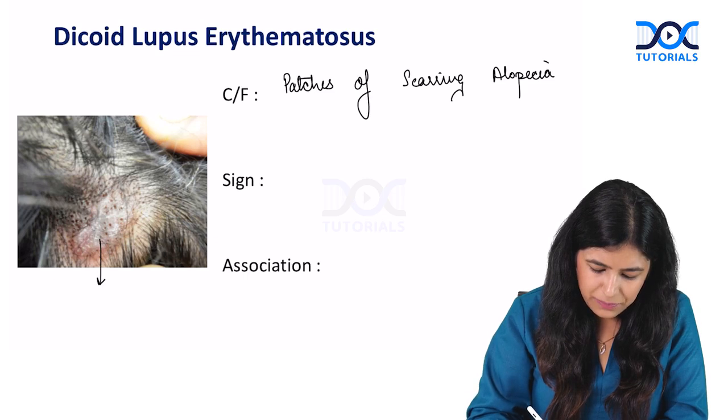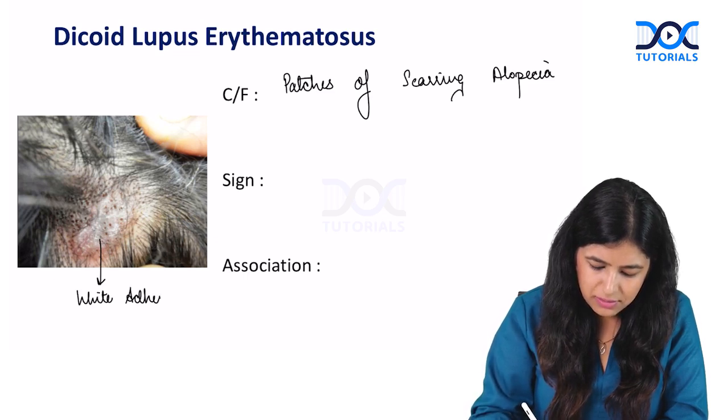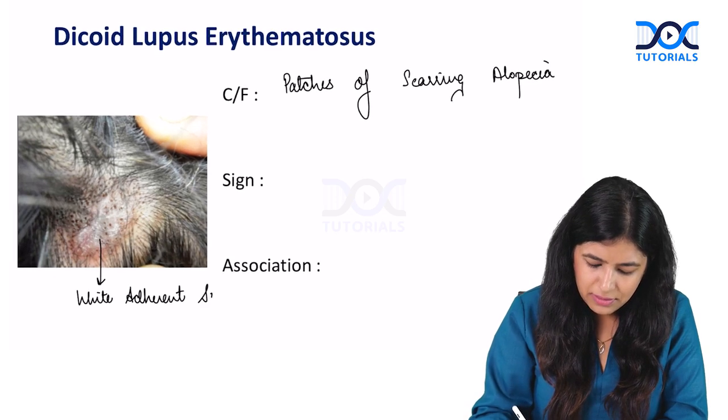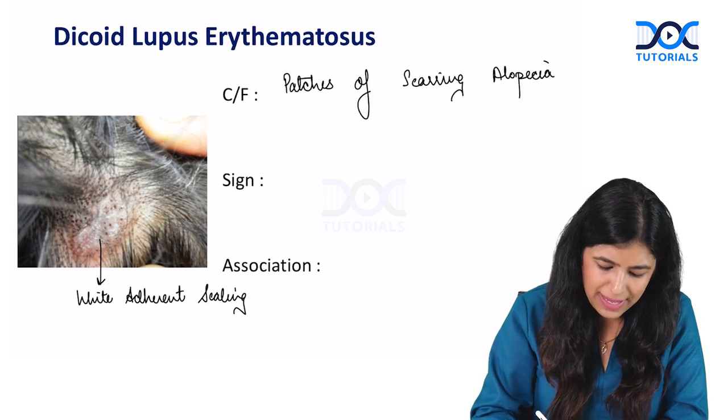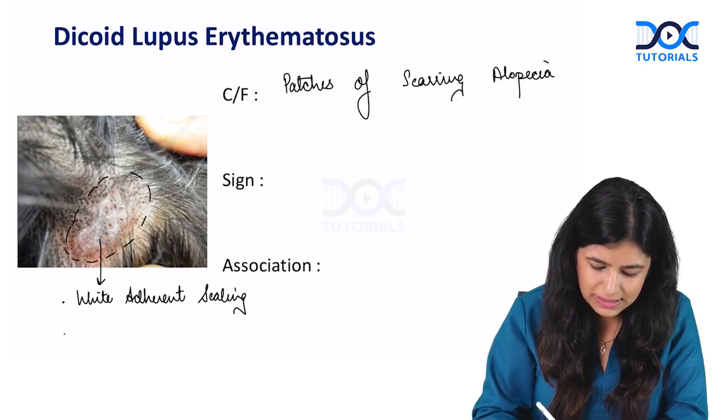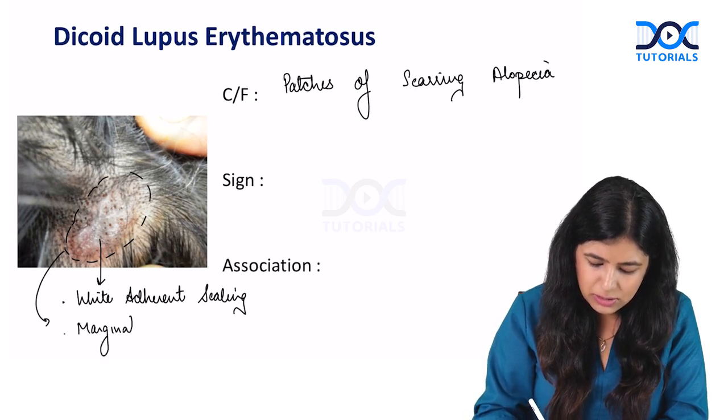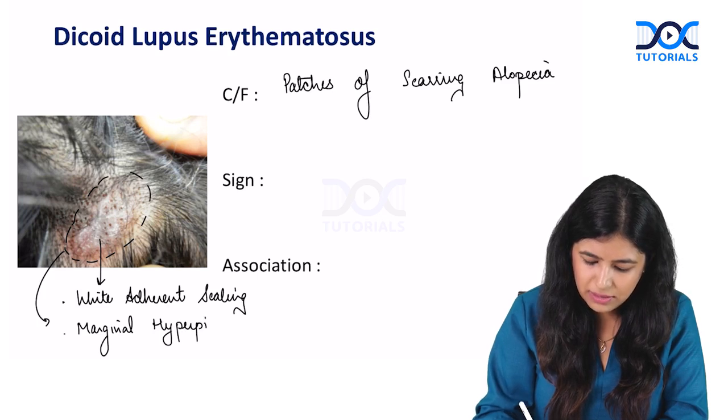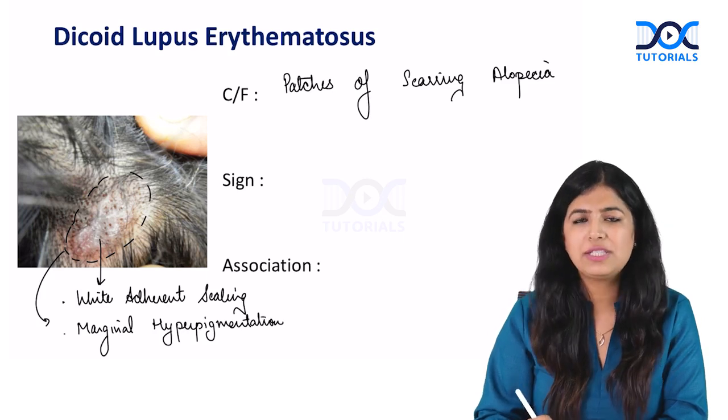It has a white adherent scaling, and surrounding the patch there is a zone of hyperpigmentation, which is called marginal hyperpigmentation. So in a lesion of DLE, you will see this white adherent scaling and marginal hyperpigmentation.